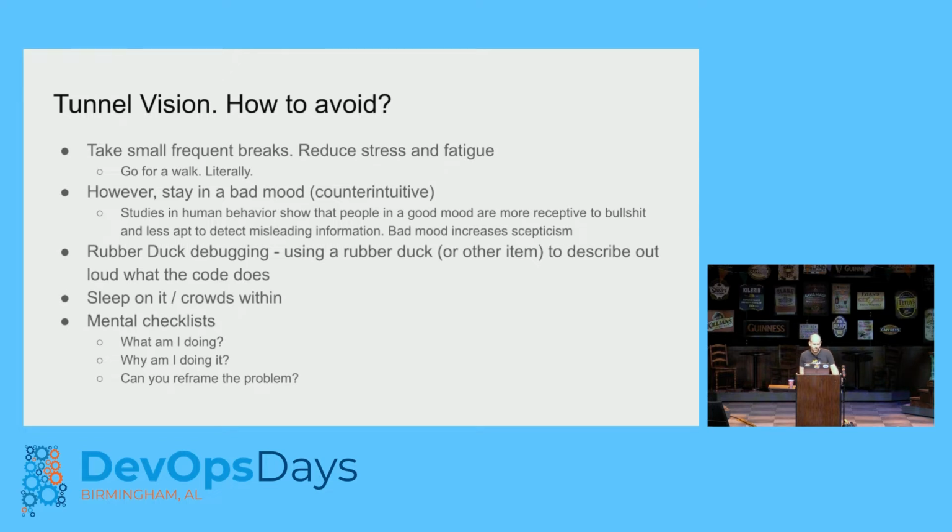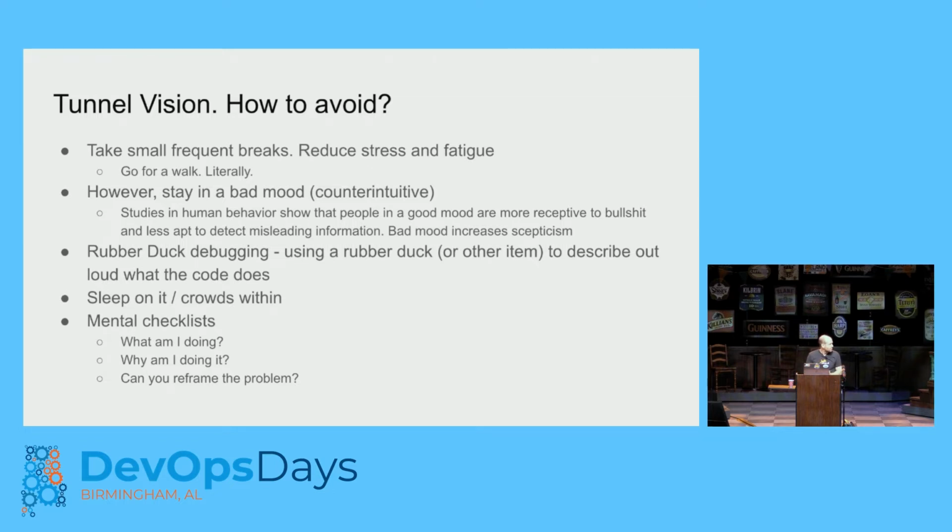So how to avoid it: take small frequent breaks that reduce stress and fatigue, and go for a walk, take a bike ride, whichever works for you. It's so specific to a specific person that I'm not going to prescribe what's better for you, but at the same time, that's been proven to help to avoid tunnel vision.